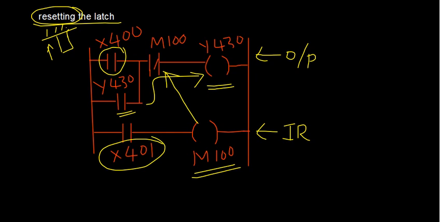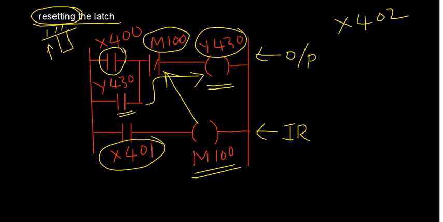When it gets opened, definitely your output Y430 will be deactivated, right? So this is called resetting the latch circuit. Latch circuit is already there. If you want to reset the latch circuit, earlier in our initial examples, instead of M100 we had used some other input, say X402 or something like that, coming in some other rung whose contacts are there.